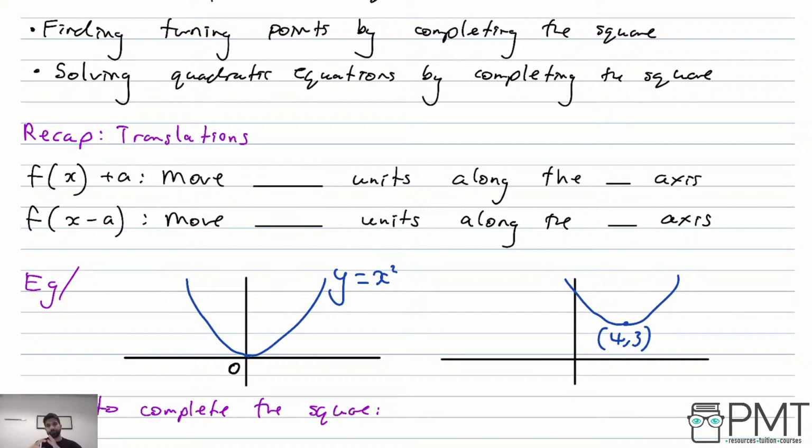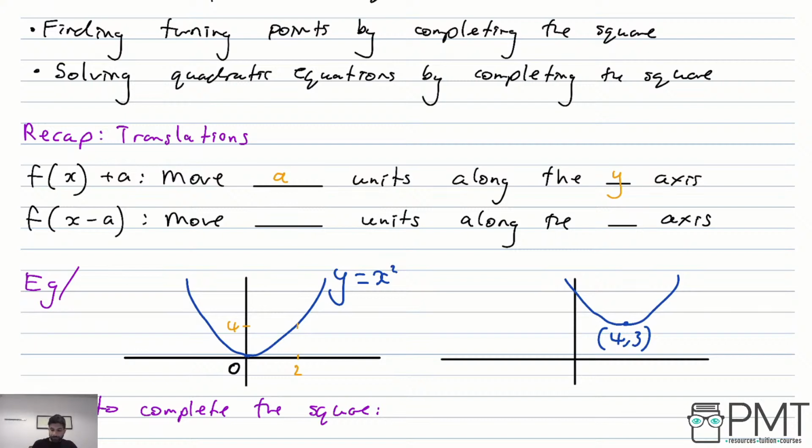So the first one you would remember from doing translations is that if you are adding something to all of the y values, all your function, then it is going to be a translation along the y-axis. So this is going to be units along the y-axis. The idea here is, if instead of y equals x squared, for example, you have 2, and then this value will be 4, that's 2 squared.